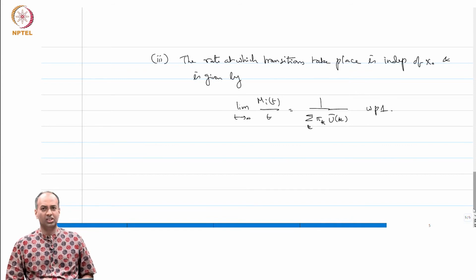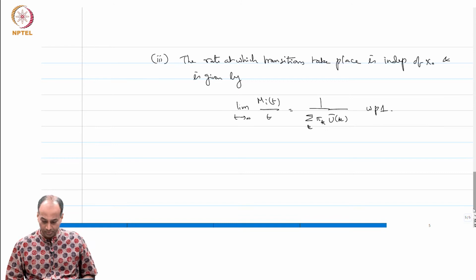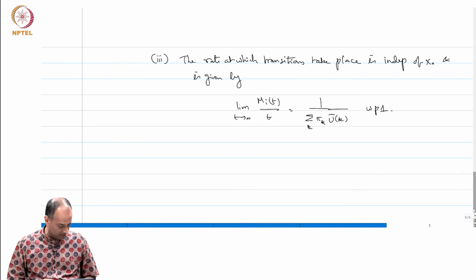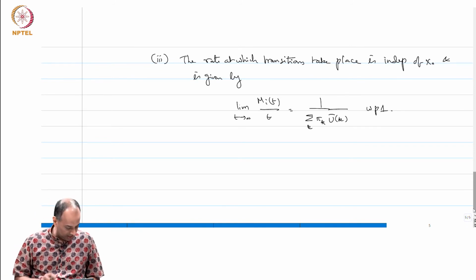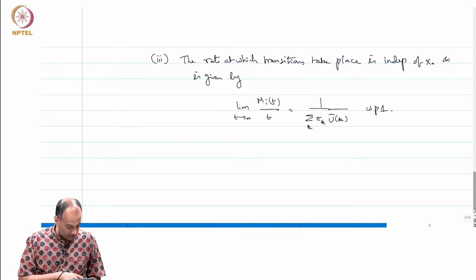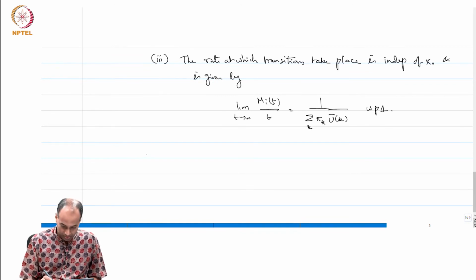There is one more thing that is of interest in semi Markov processes, which was not very important in the CTMC case. Maybe I should also state this as a part of the theorem, which also comes from renewal reward.